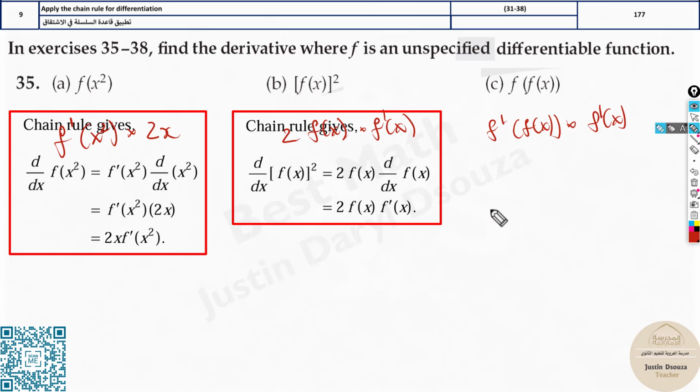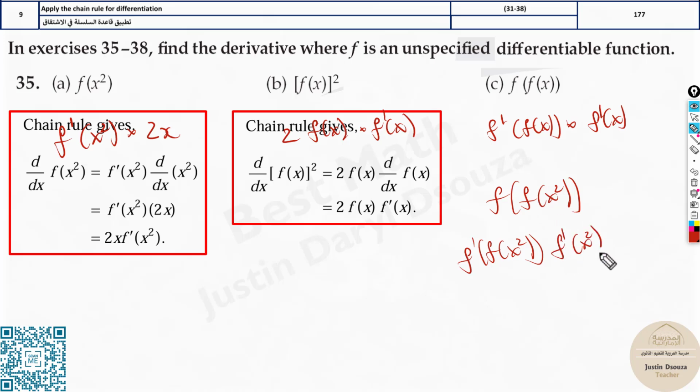What I mean is, if it was a complicated problem like this, first we derive the outside function, f prime, done. Now what is inside? This f of x squared, so it will be f prime of x squared, done. But then we have to multiply by whatever the derivative is here, which will be 2x. So there will be 3 parts. That's how we solve it, but that's just my own question I gave you.